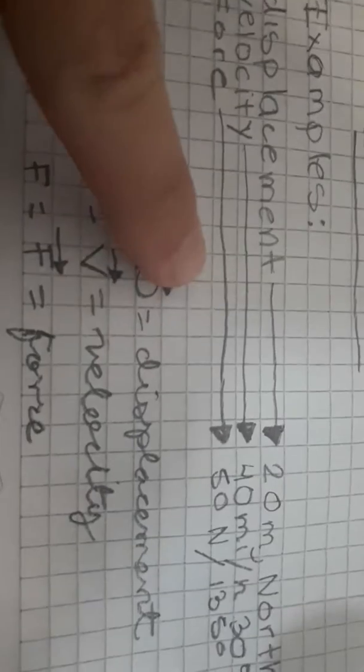As we can see, the vector quantities have an arrow pointing, they have a direction added. So we say D is a vector magnitude, meaning displacement, V for velocity, and F for force.